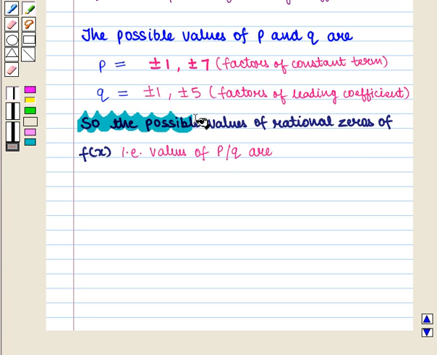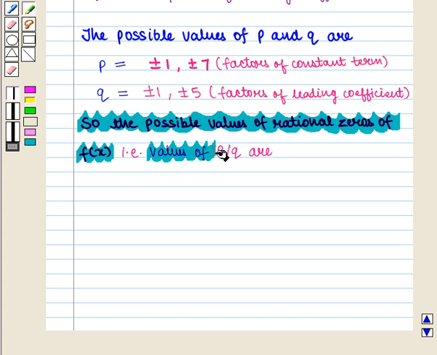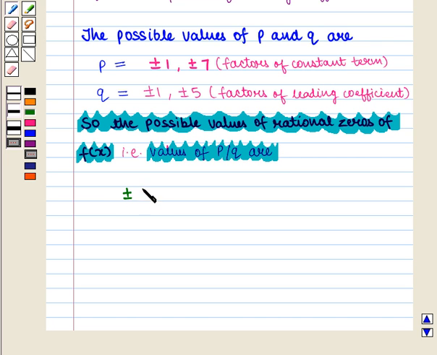So, the possible rational zeros of f(x), that is, values of p/q, are ±1/1, ±1/5, ±7/1, and ±7/5.